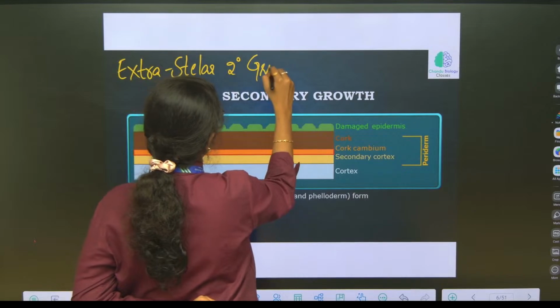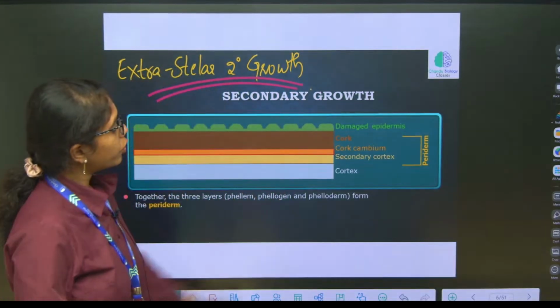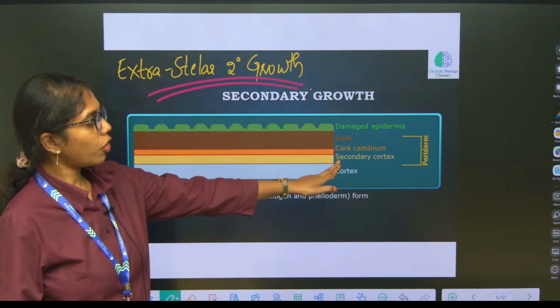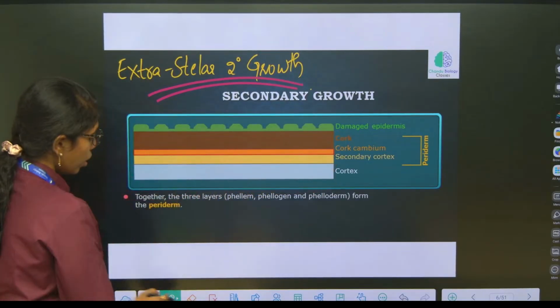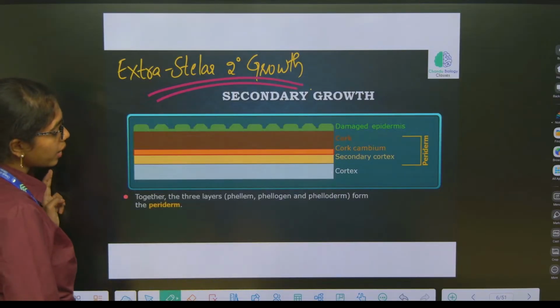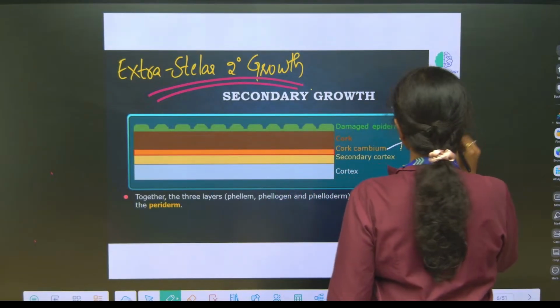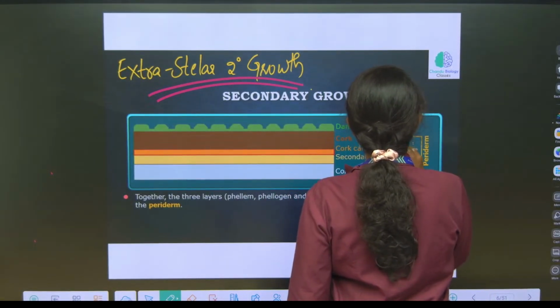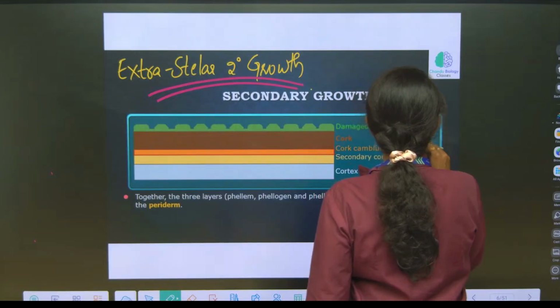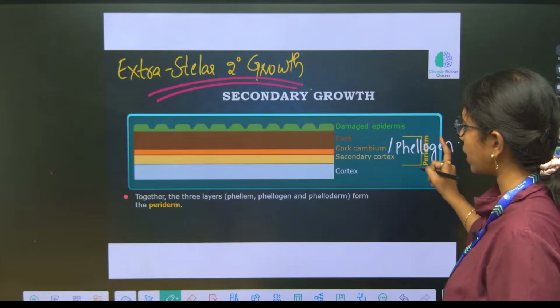Few of the cork cells will turn meristematic and form what? Cork cambium. Cork cambium is also called phellogen. Phellogen or cork cambium, one and the same.